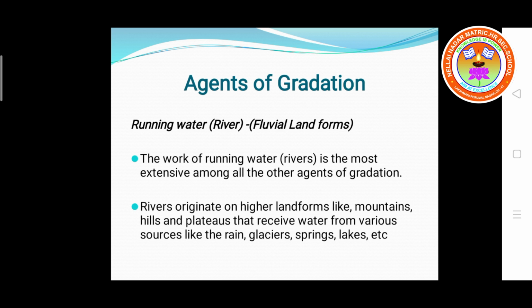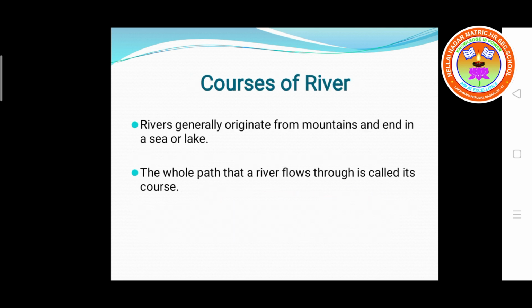We also have courses of river. We are going to switch into the next one. Have a look at slide number 6. Courses of river. Rivers generally originate from mountains and end in a sea or lake. We already know that. Where does it come from?